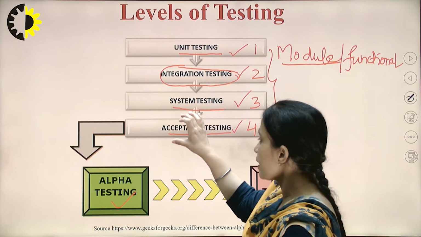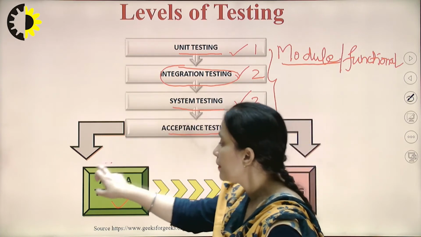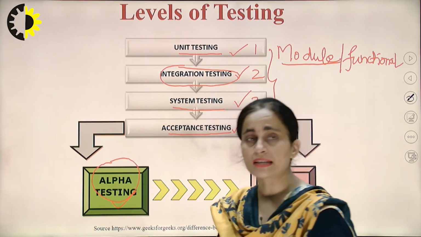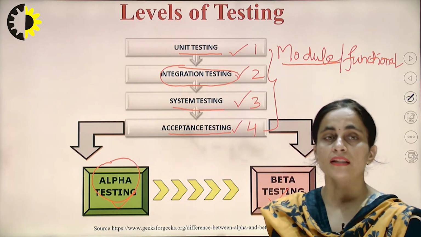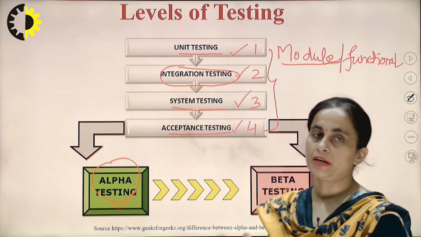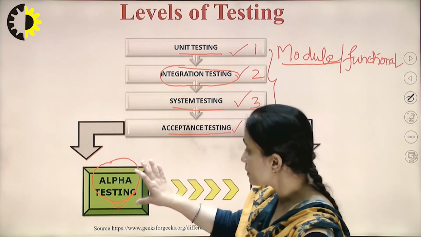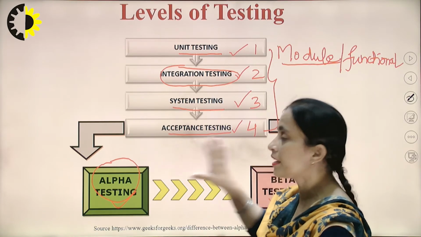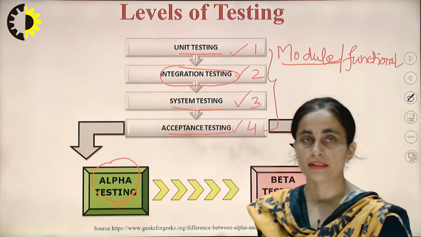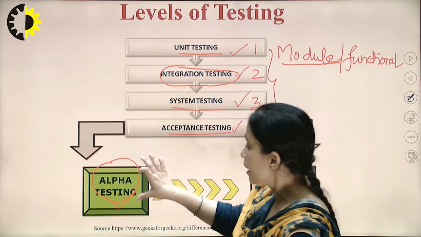Acceptance testing is first proceeded by alpha testing. Alpha testing is the process of finding bugs at the developer end. The developer himself is testing at his own end before delivering the final project to the customer. That is alpha testing.